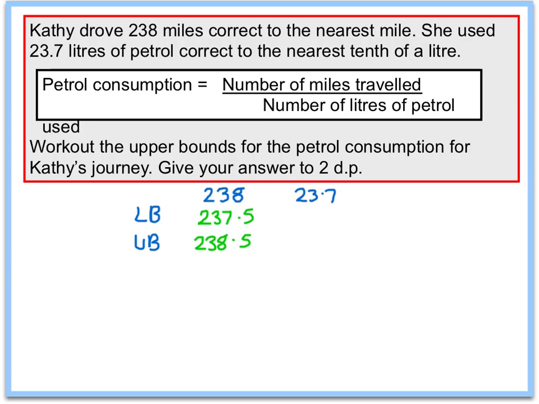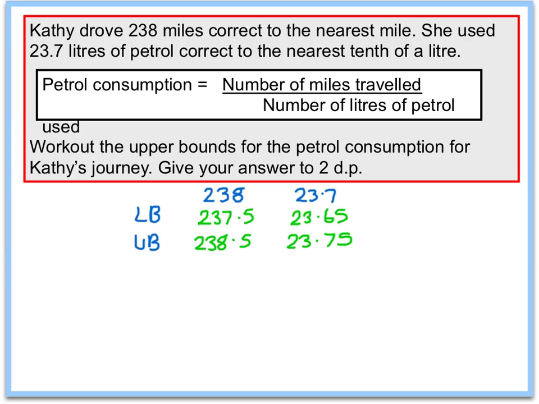Next one, the units here are in the tenth of a litre, so that's effectively to the nearest decimal place. So one decimal place down would be 23.6, so halfway in between those will be 23.65. One decimal place up from 23.7 would be 23.8, so the upper bound is going to be 23.75.